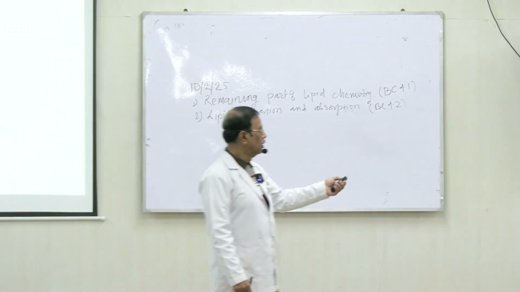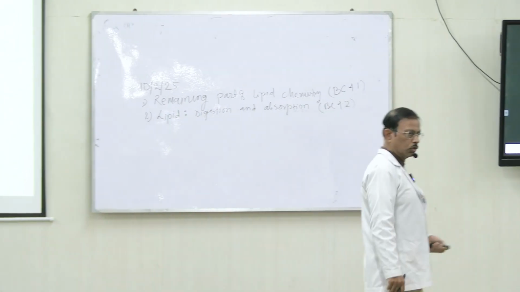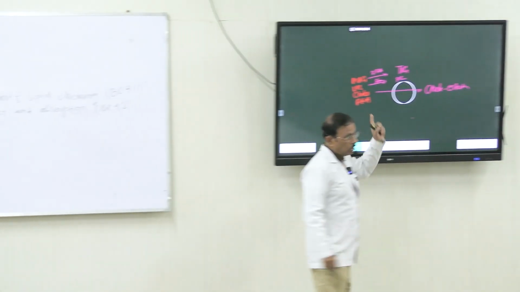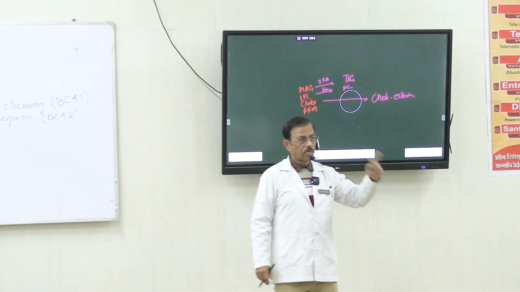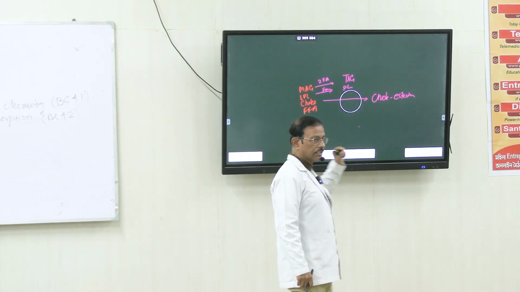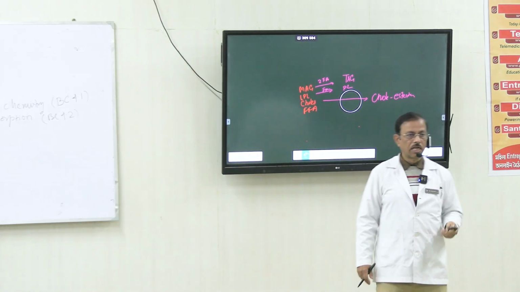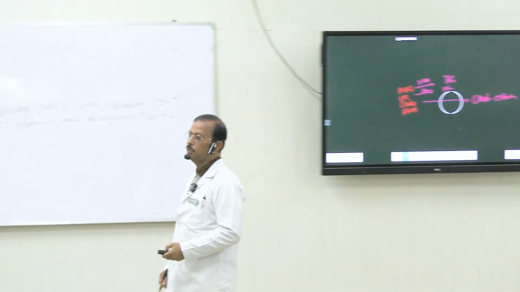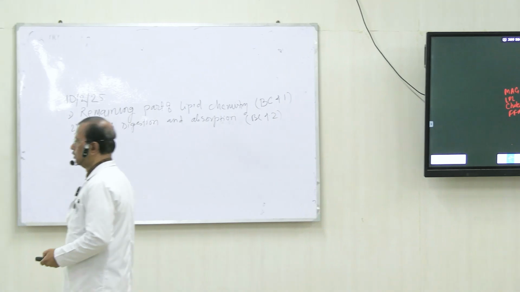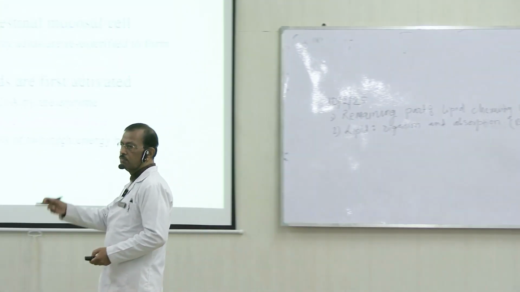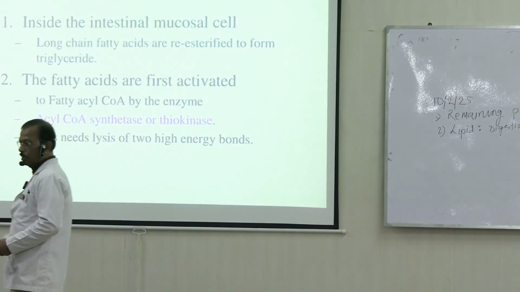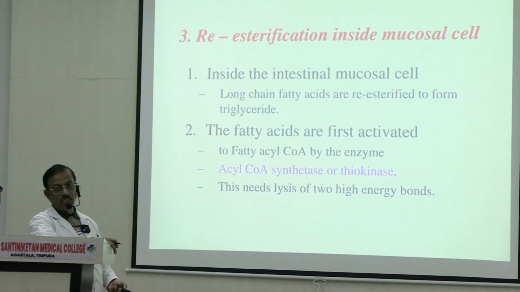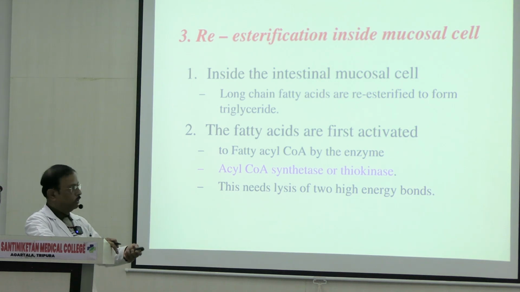So it is clear that monoacylglycerol is the precursor for synthesis of triacylglycerol. But the cell can supply glycerol synthesized from glucose, not the glycerol which is digested in the intestine. That will not be used up here.